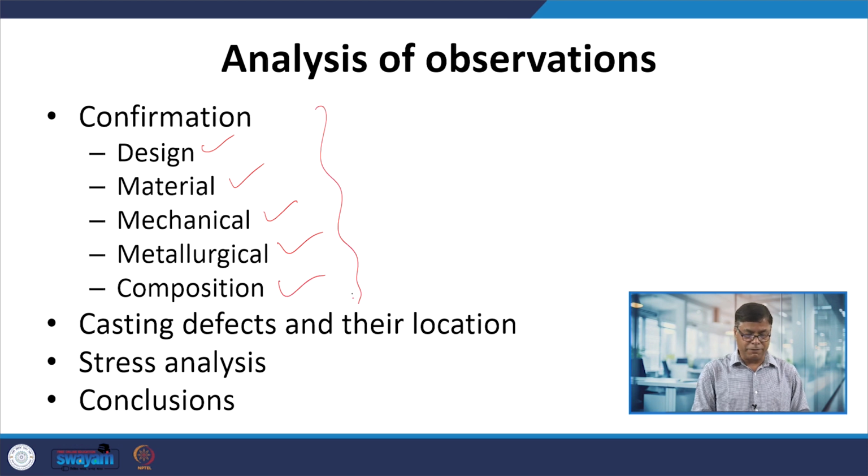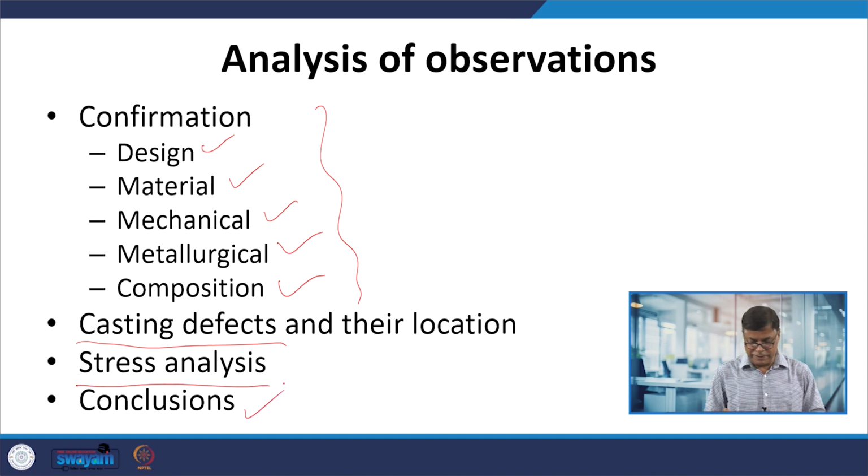This is about the confirmation of the things. Whenever a component fails, we need to confirm these things to ensure whether there is any discrepancy or deviation. We also have to see if the component which has failed had defects or not, and if there are defects, where they are present, and if their presence can really contribute towards the failure, then for that stress analysis is needed.